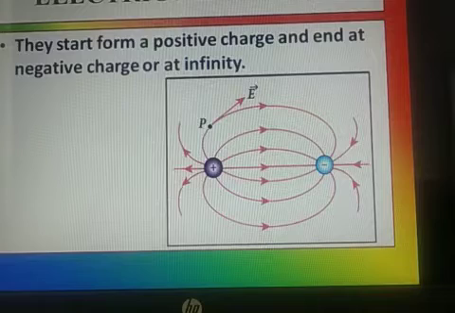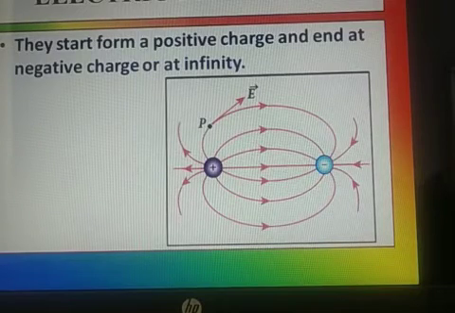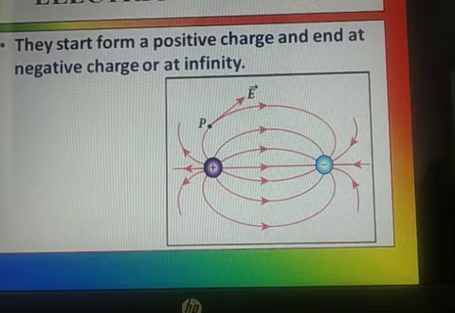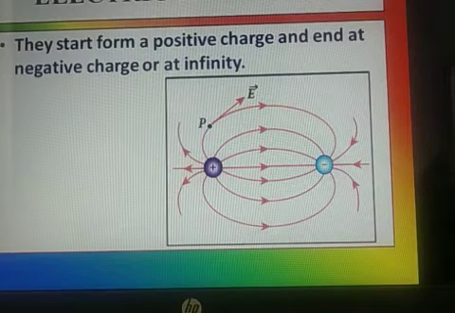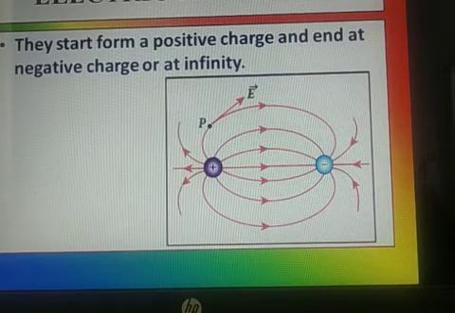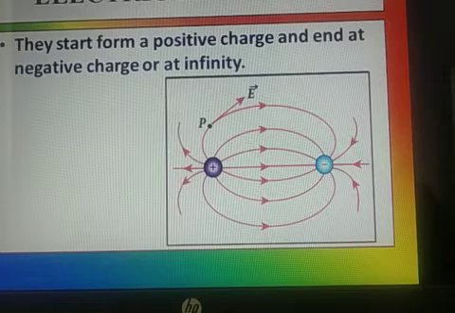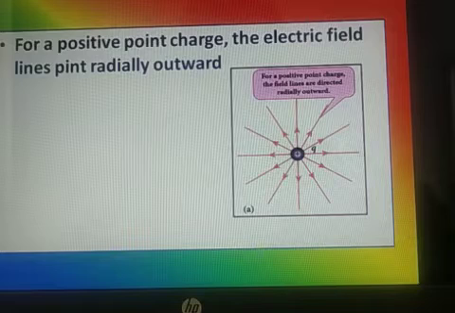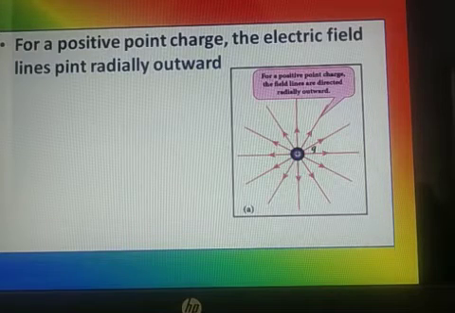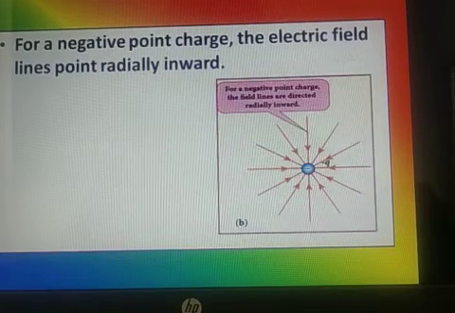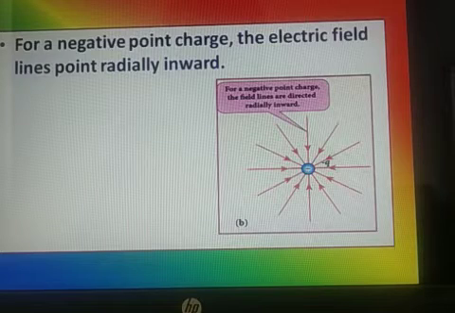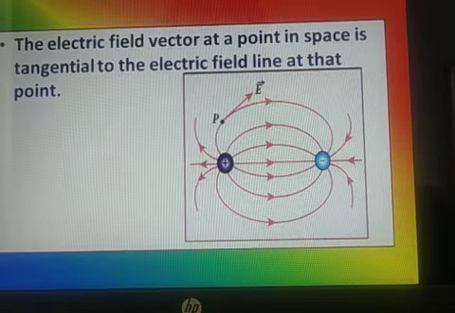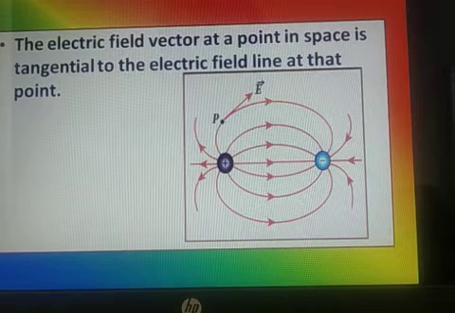Okay, we have come to the end of the class. Let us recapitulate once the properties of electric field lines. They start from a positive charge and end at a negative charge or at infinity. For a positive point charge, the electric field lines point radially outward. For a negative point charge, they point radially inward. The electric field vector at a point in space is tangential to the electric field lines at that point.